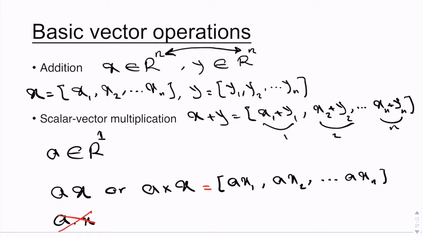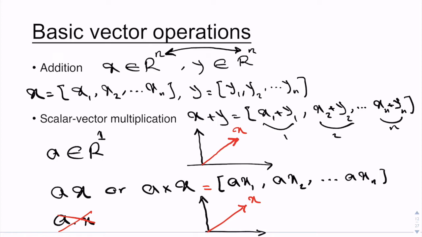If you have a vector x and you multiply x by a, then if a is greater than 1 we're stretching our vector, giving a larger vector a times x.